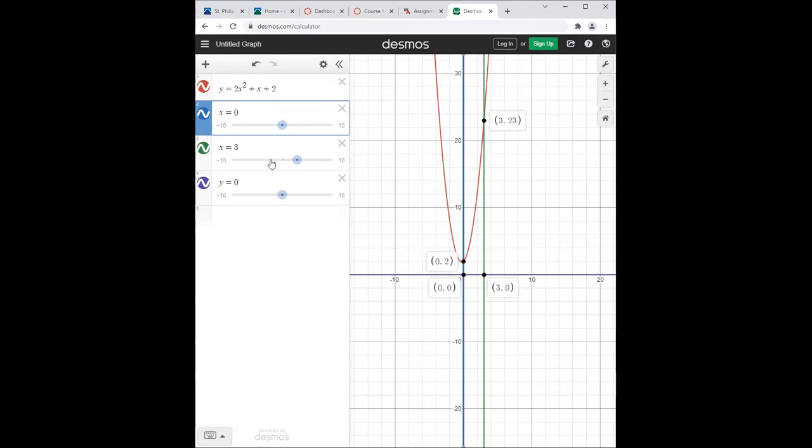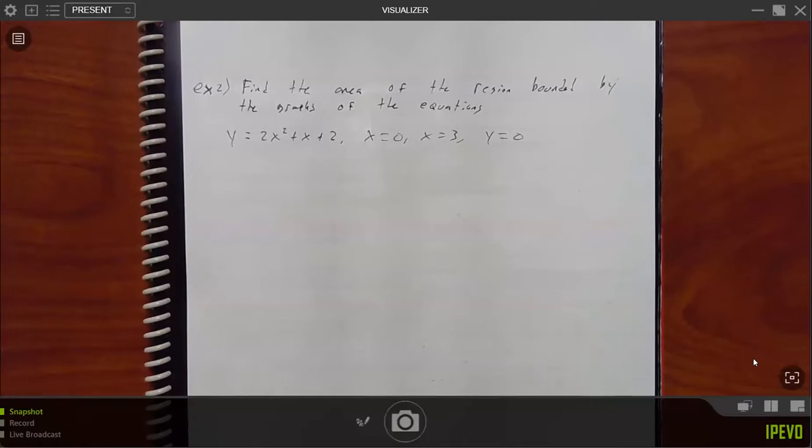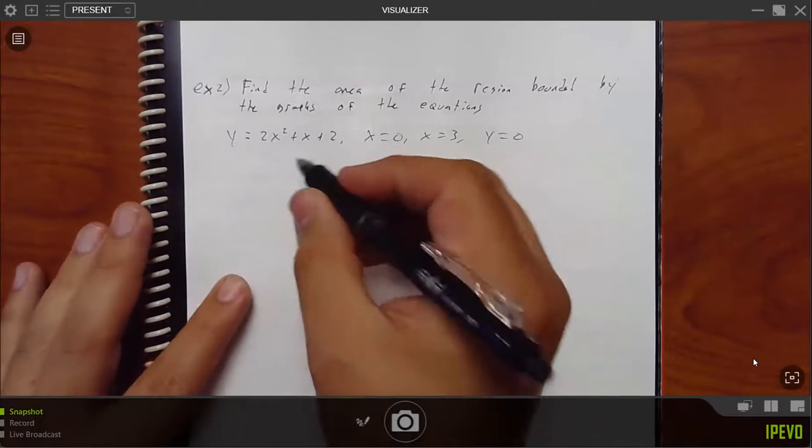Let's see here. Okay, so we're integrating the red graph here. All right, so let me do my little crappy sketch here.